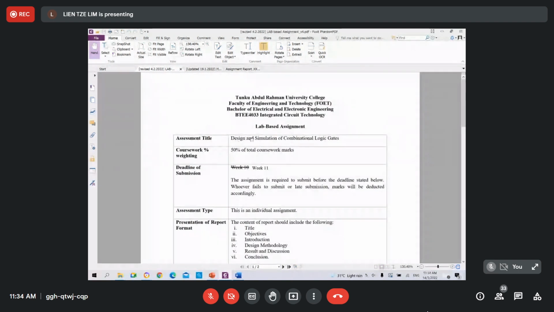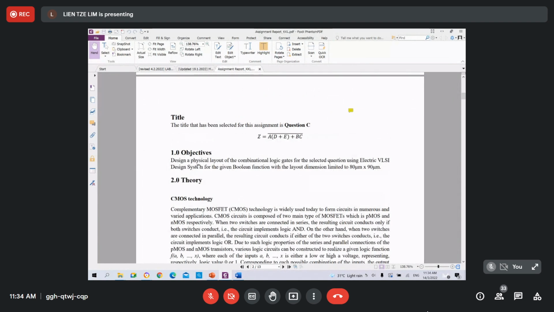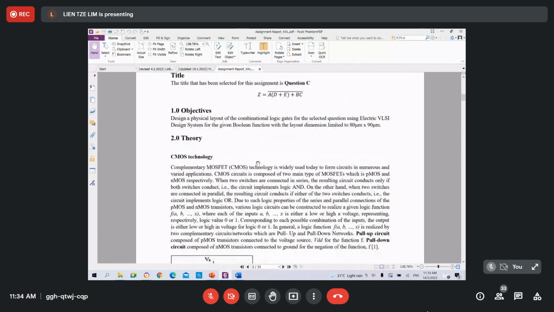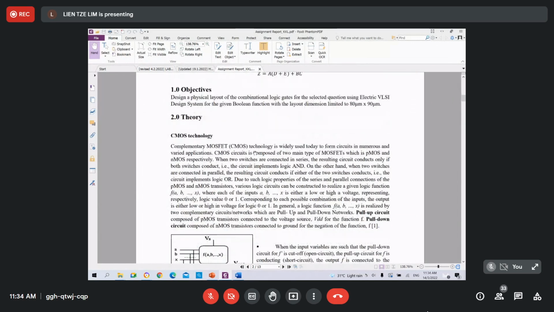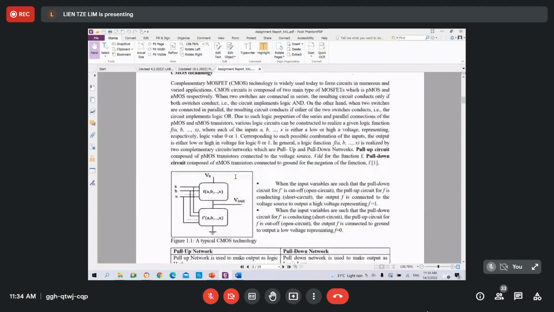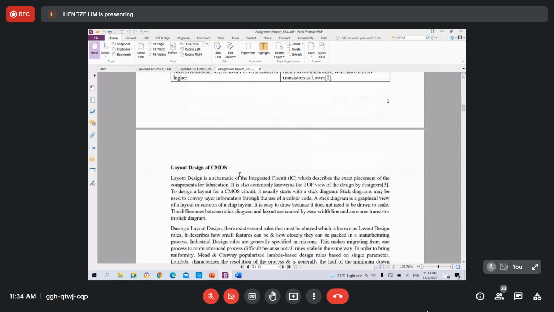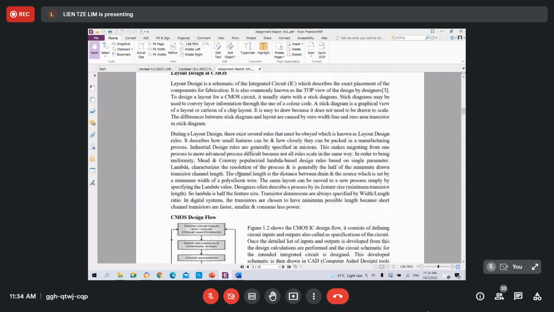So this is the title, you can just include this title, you no need to define it yourself. Objective you can define yourself, as it is not defined for you. Theory is about the background of your study for the assignment. You don't need to include many information, just the important ones that are related to your work.